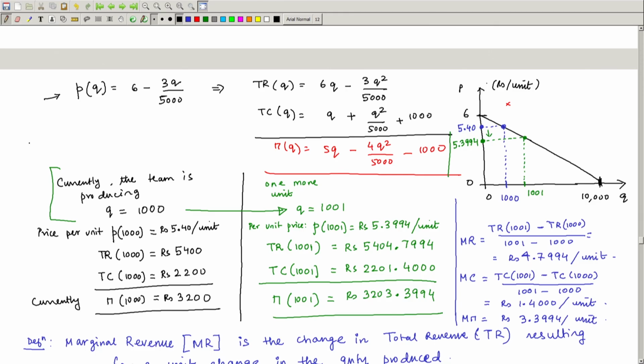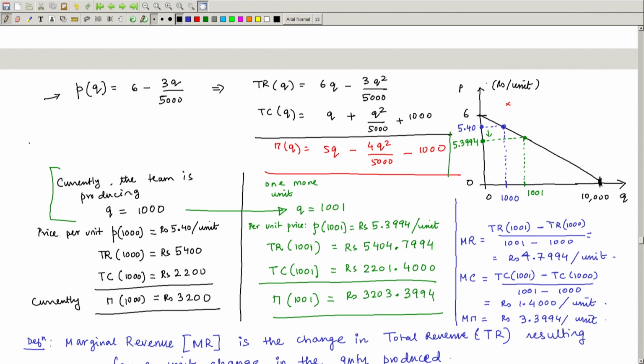But we started by saying that suppose you are leading a team on the shop floor and the team is currently producing 1000 units. How do you convince your team that producing Q equal to 1000 is not optimal and you can do better than that? Better in the sense of improving your profit. We can use marginal analysis to answer that question.